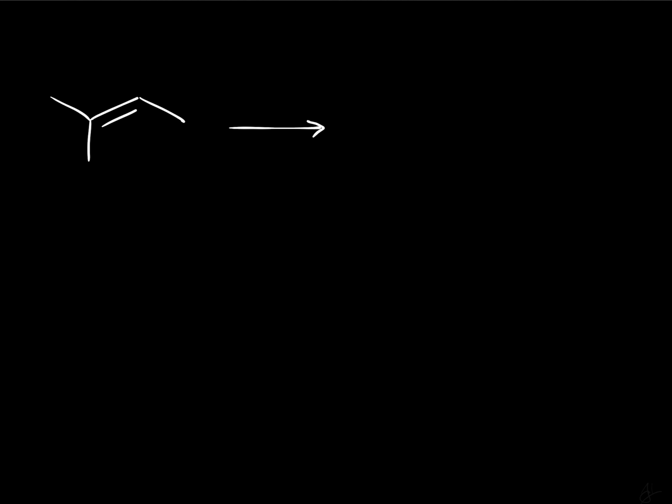Oftentimes, what's going to happen with these reactions is that, notice that there's two carbons on our structure. We will have a molecule that adds two groups off of those two carbons of our double bond. So for example, we'll have some A and some B. And that A and B, which we will represent as two different groups, will be added somehow off of our structures.